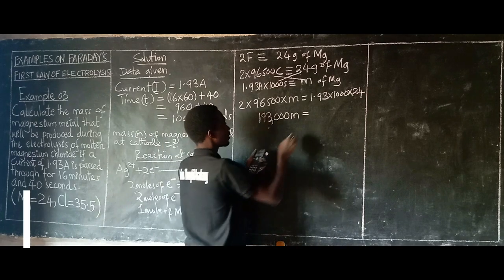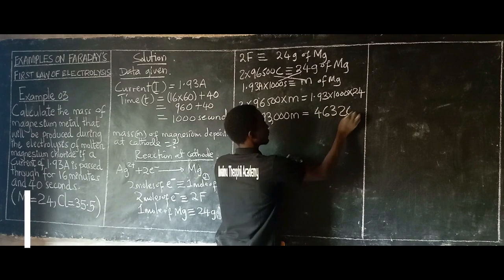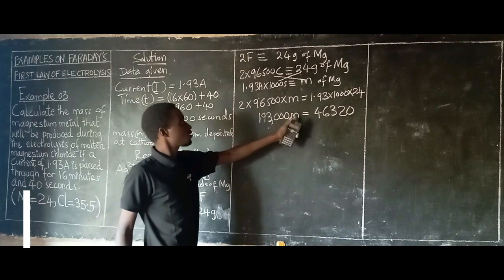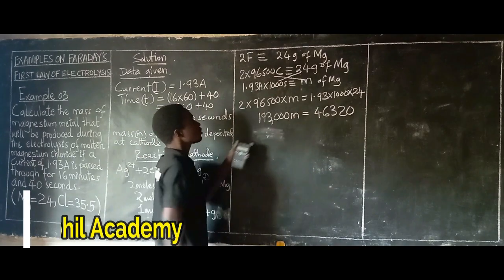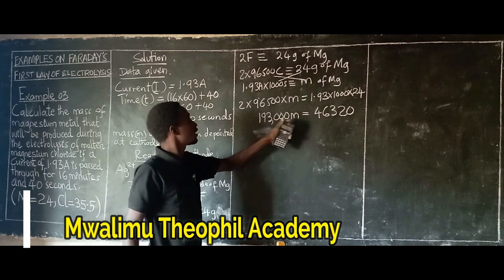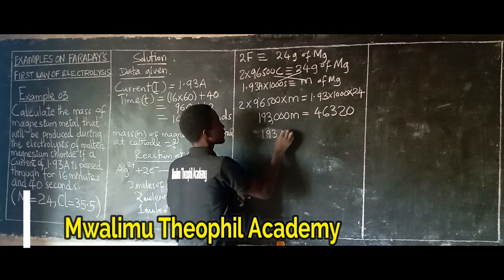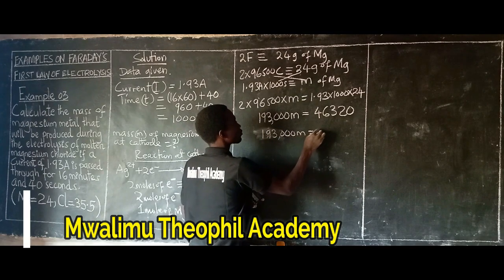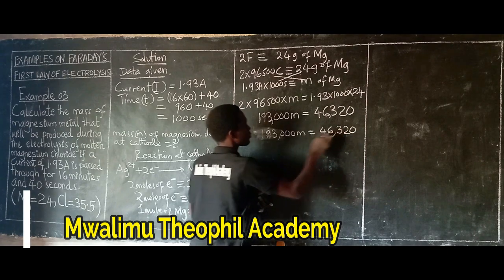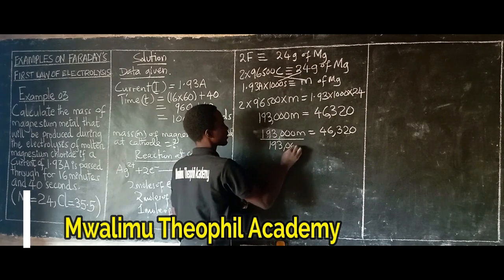Here you get 46,320. So what next? What next is to get the value of M. To obtain the value of M, you are going to divide by 193,000 both sides. So here we have 193,000 M is equal to 46,320. So you divide by 193,000 both sides.